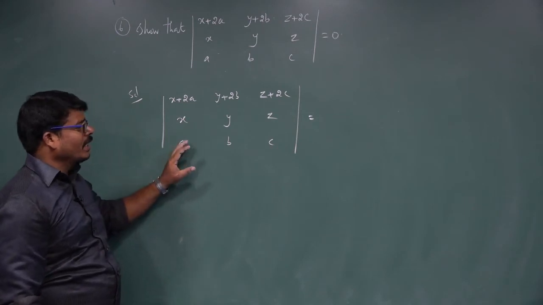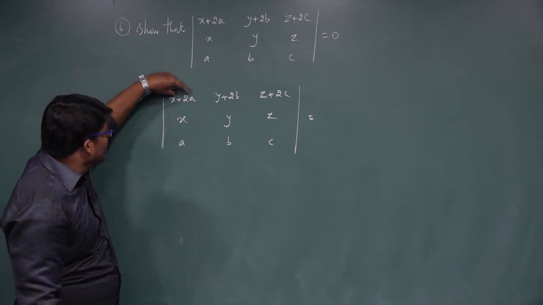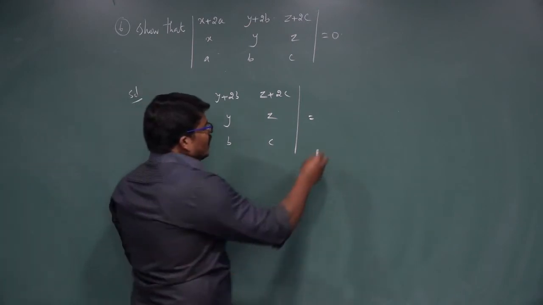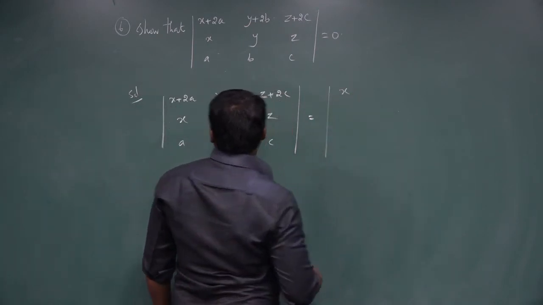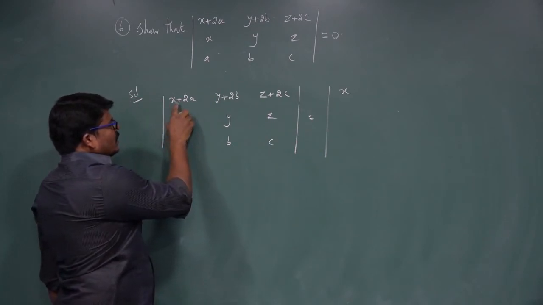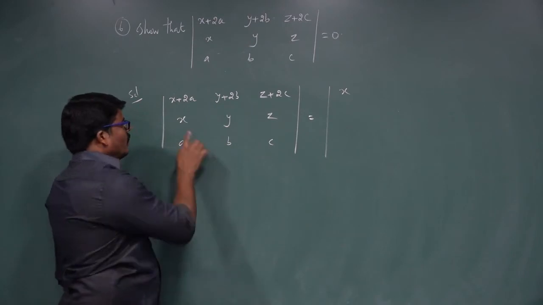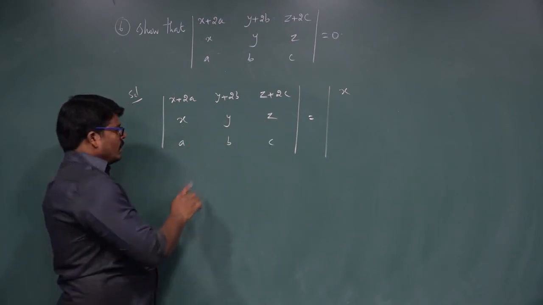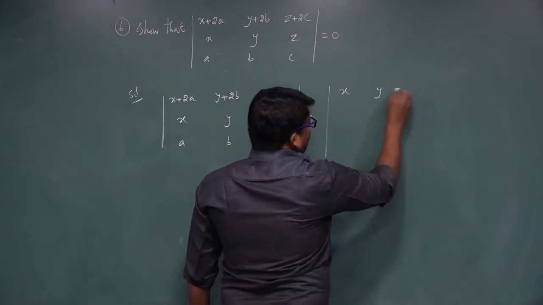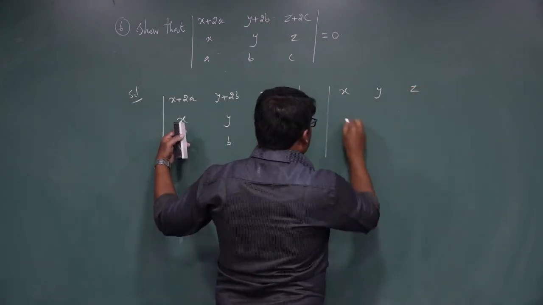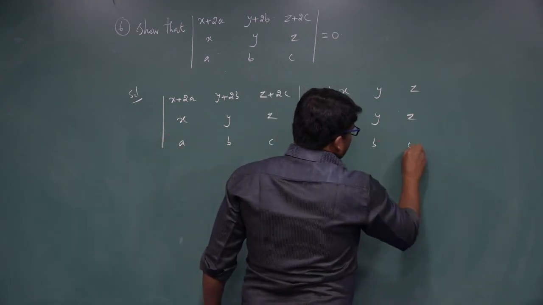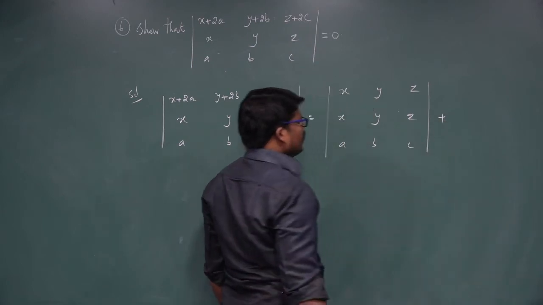So the first determinant is the first row x, y, z, the second row x, y, z, and the third row a, b, c as usual.